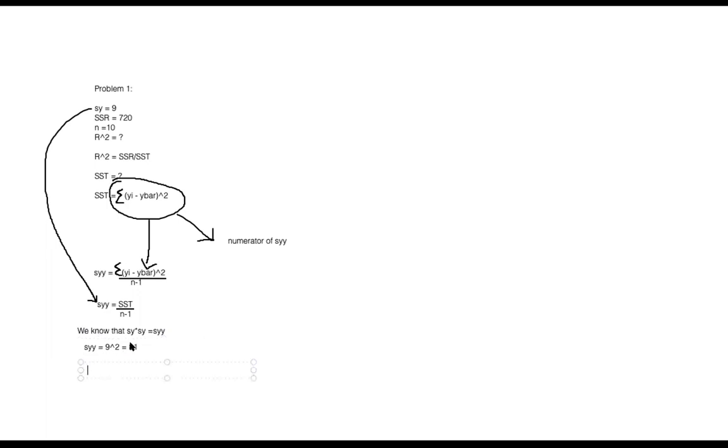Okay, so now I plug in 81 to here. Right, so that's what I'm going to do. And I end up with 81 equals SST divided by n minus 1, and n minus 1 is 10 minus 1, because n is equal to 10.